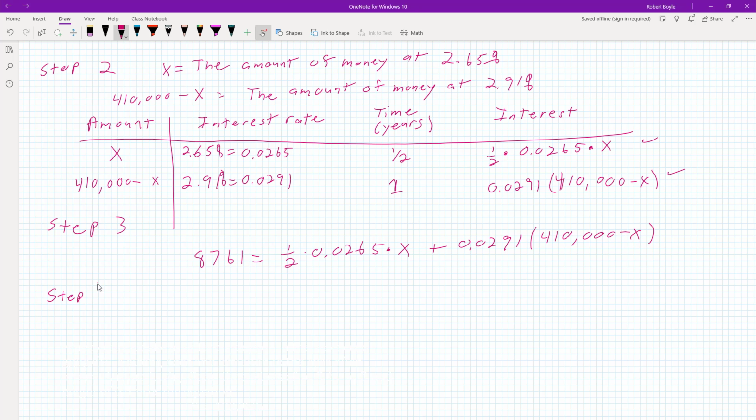Step 4, this is where we get to solve. The first thing that we can do is simplify using the distributive property and combining like terms.